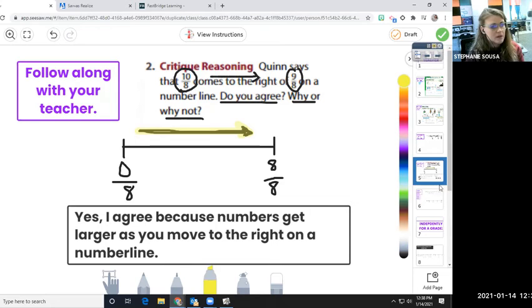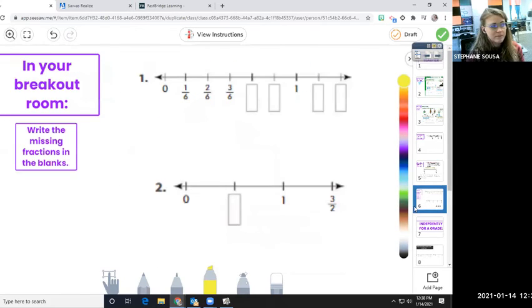All right. Slide 6 is going to be completed in your breakout room. So look at slide 6. In your breakout room, write the missing fractions in the blanks. You are going to complete numbers 1 and 2 in your breakout room. So talk with each other about what fractions are missing.